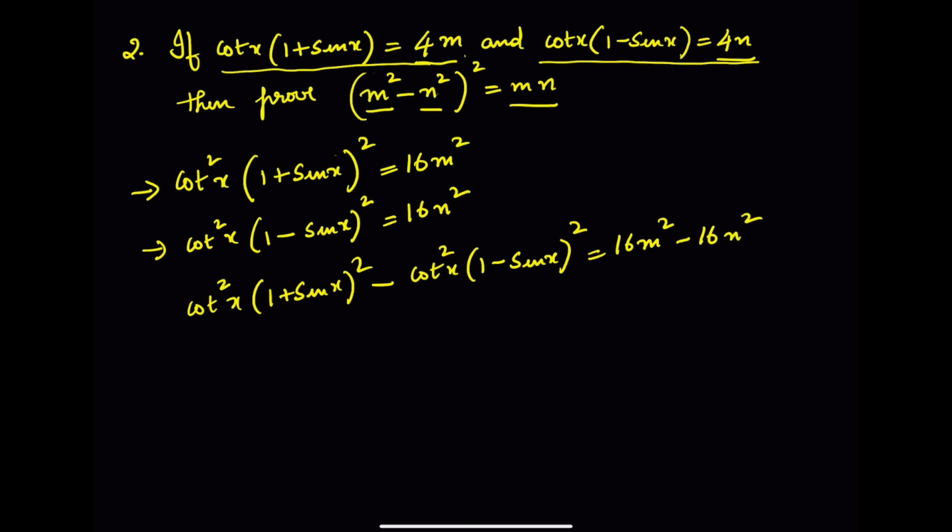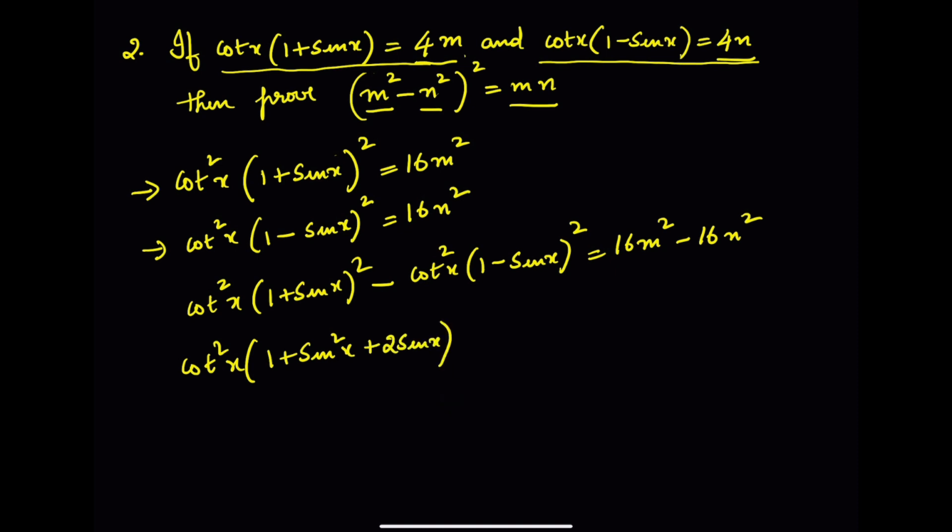Now let's try to solve this equation. So we would get cot square x times (1 plus sin square x plus 2 sin x).